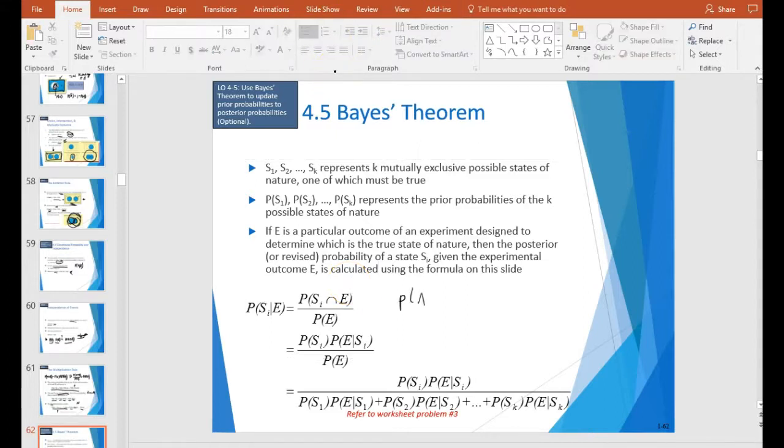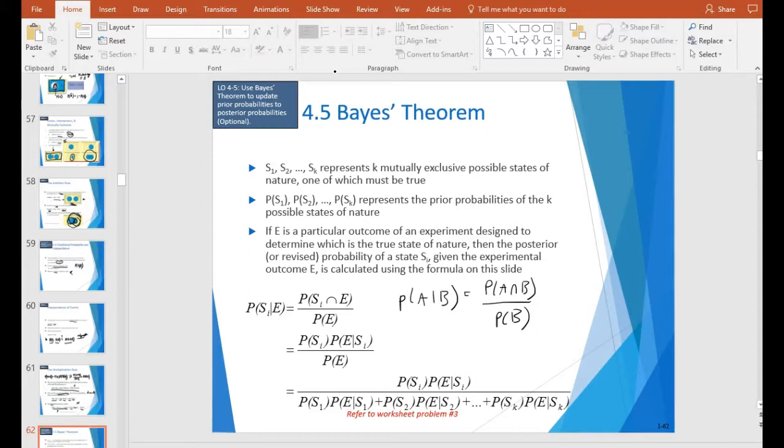So that would be the probability of A given B is equal to the probability of A and B over the probability of B. And they are subbing in S sub I for A and E for B. So that's fair. That's something that we can work with.